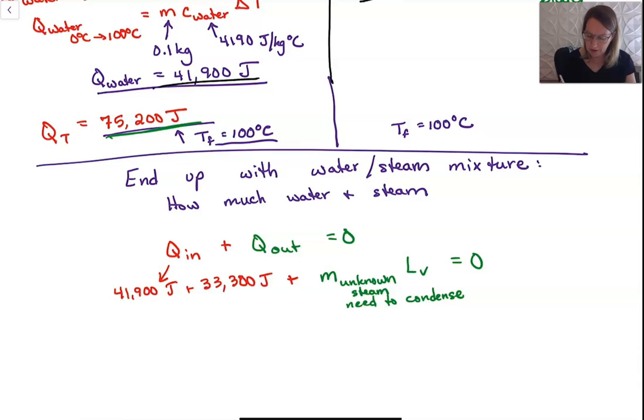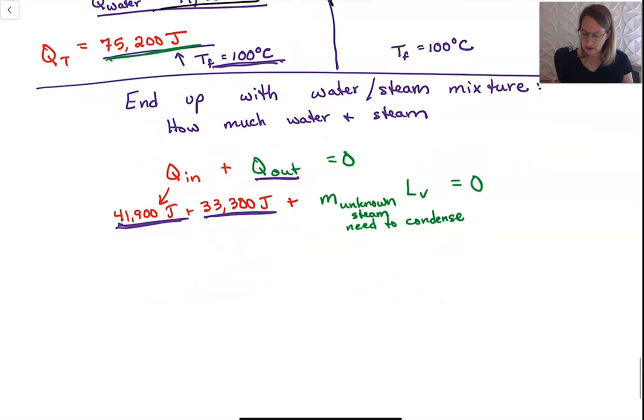Because we know our final temperature is 100, so we know we have melted the ice, we've taken the water up to 100, so we've got that final temperature. The question is just how much steam had to turn into water to take the energy out of the steam to put it into the water.